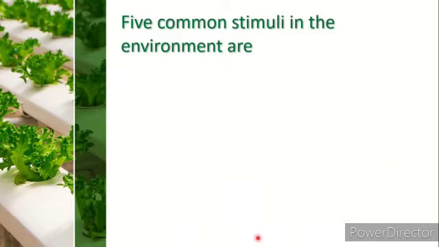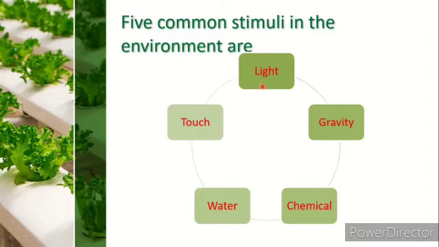Now I was talking about stimulus. So what is the stimulus which is present in the environment? There are 5 common stimuli in the environment, and they are the light. You all know that there is sunlight which is present, and then next is the gravity. You know the gravitational pull, right? Yes. The other one is the chemicals.